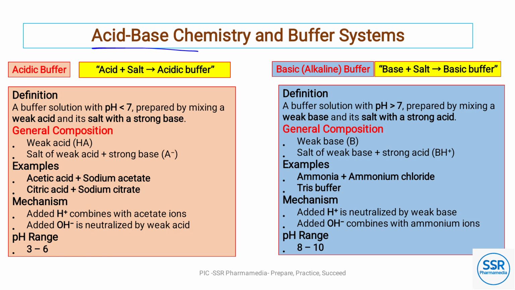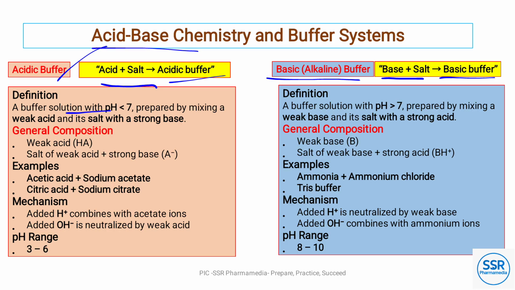Next, acid base chemistry and buffer systems. We are going to discuss acidic buffers, buffer mechanisms. A weak acid plus its salt is called an acidic buffer, and a weak base plus its salt is called a basic or alkaline buffer. First of all, what is an acidic buffer?